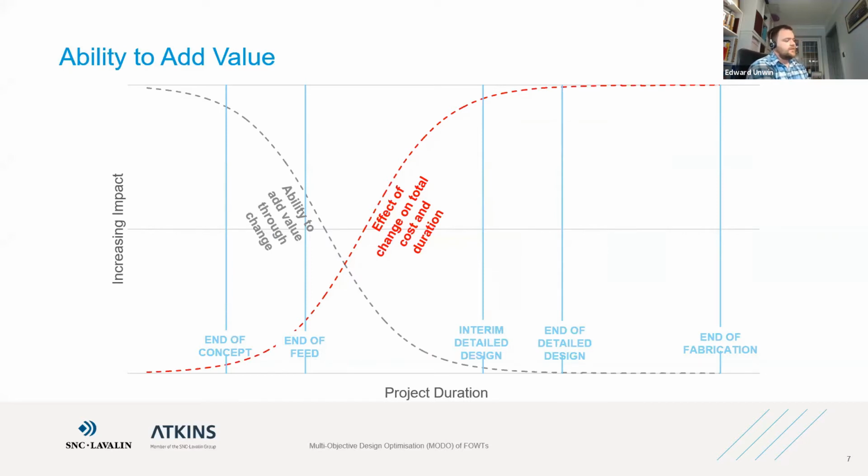but it's very difficult to actually change anything at the end of a project. I suspect everyone on the call who's done detailed design knows, by the time you get to detailed design, if you want to make a change, it goes down really badly with everyone involved. And so it's really worth trying to understand really early on what the end game might look like, so that you're not trying to make changes later on which are extremely expensive.